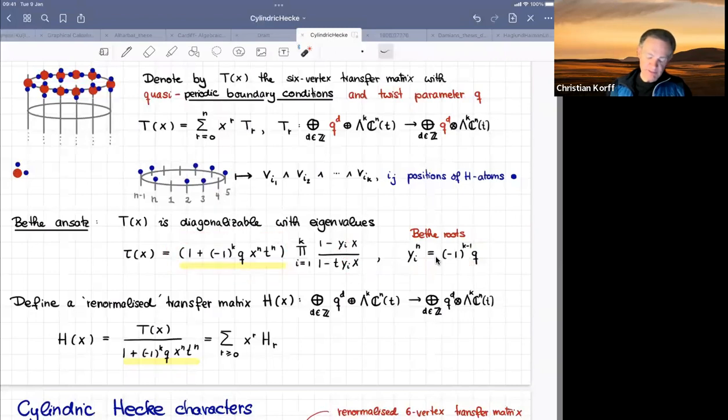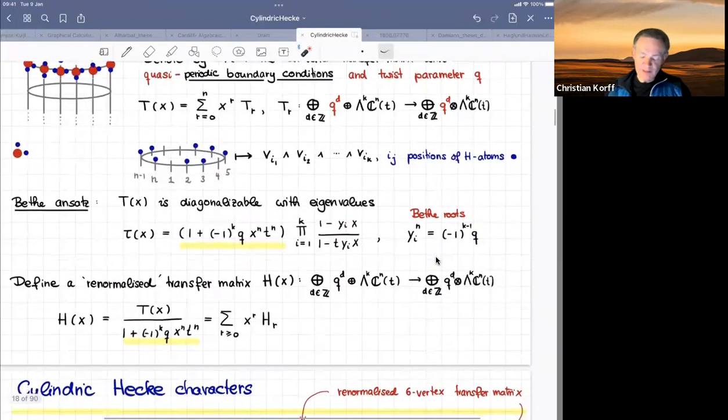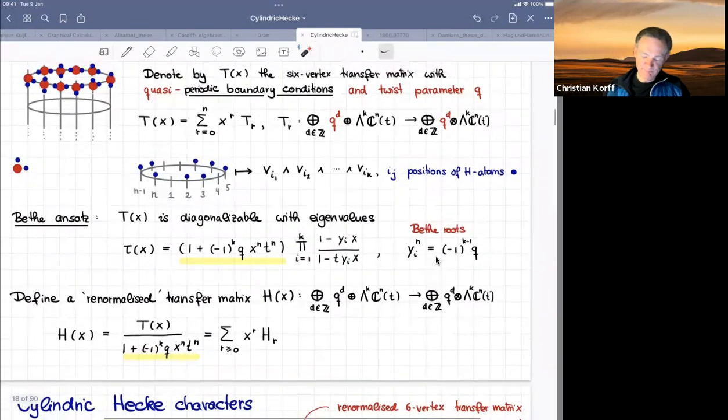It inspires me in a sense to define a renormalized transfer matrix. And I'll explain this a bit better in a moment. It falls a bit from the sky at the moment. I would like to simply divide out this factor, which is appearing here in the eigenvalues, because this only depends on the circumference of my lattice.